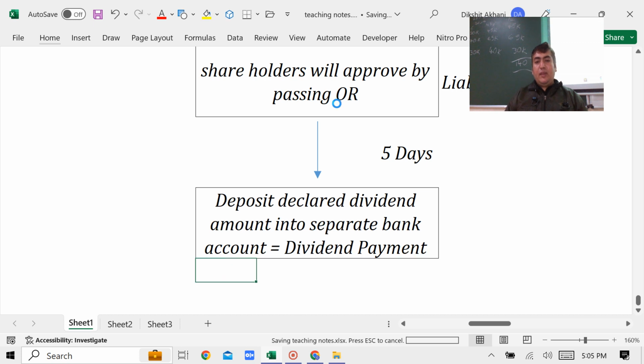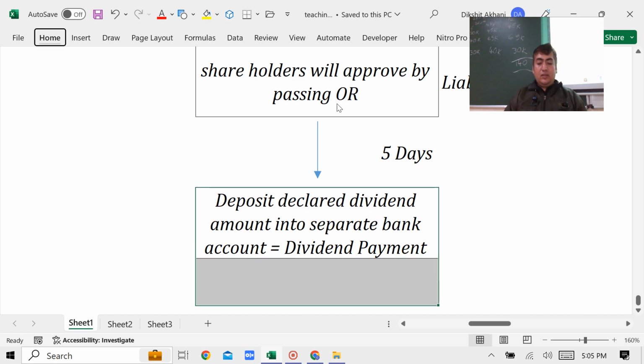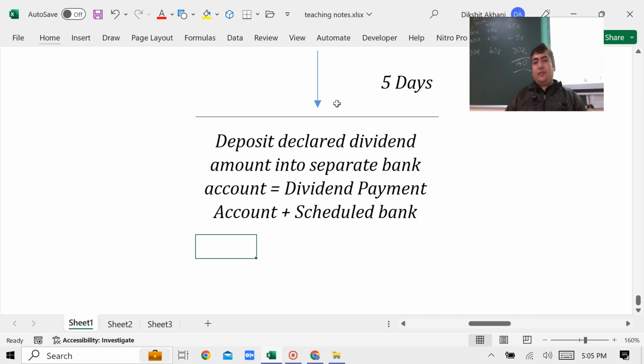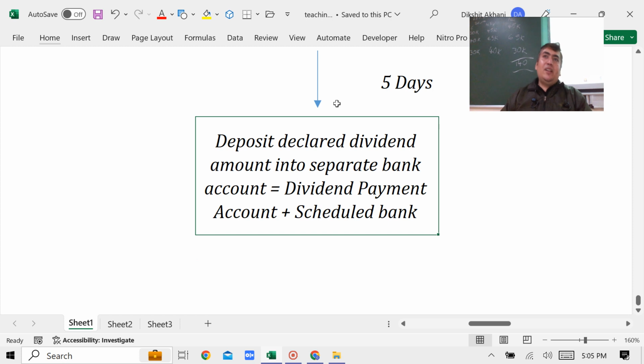Maintained under where? Scheduled bank. Now, what does it mean, guys? Once you have declared it, within 5 days, you have to arrange the cash. You may be rich, but you may have a scarcity of cash.